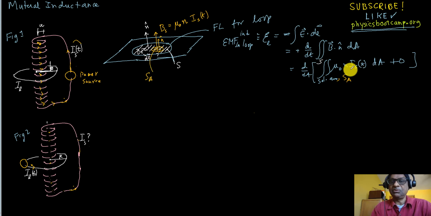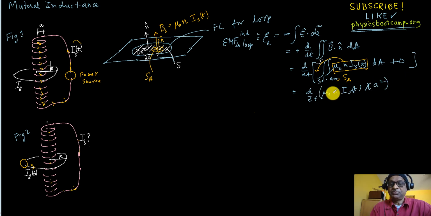That's the integration I'm going to do, and outside of that it gives me 0. This whole thing does not depend on where the loop is, so inside the solenoid this comes out of the integral and just becomes times the area. So this is just d/dt of mu naught n I_s of t times pi a squared.